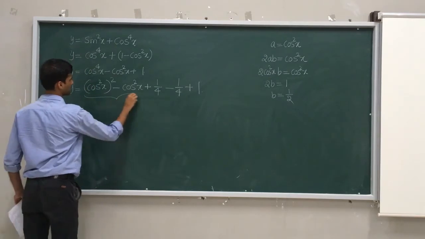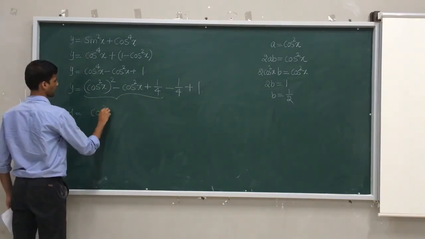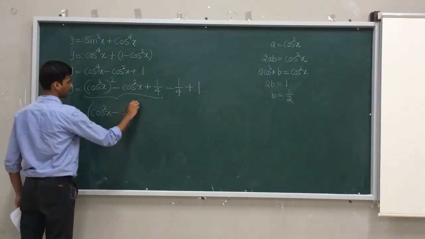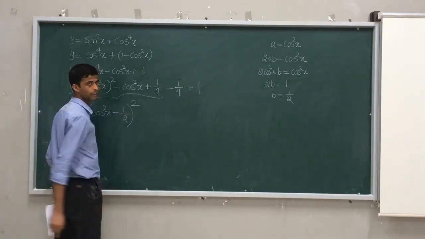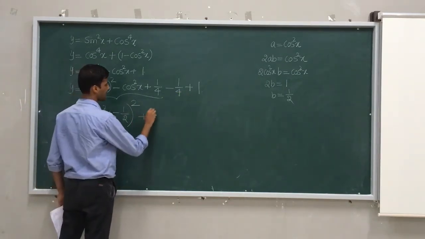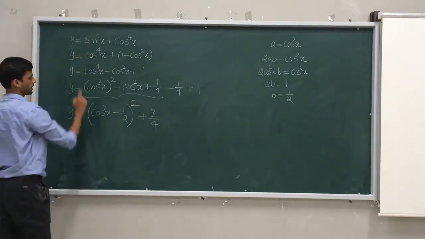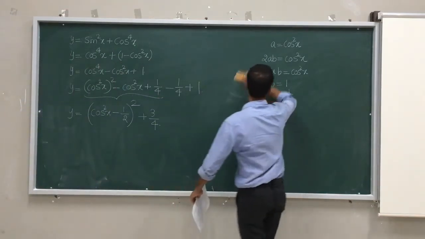Now from this step to this step, I will write it in a shorter way. That is cos square x minus 1 by 2 the whole square, minus 1 by 4 plus 1. When you take LCM, it becomes 3 by 4. So I simplified my given question in this fashion. How to manage the remaining thing, we will take care.